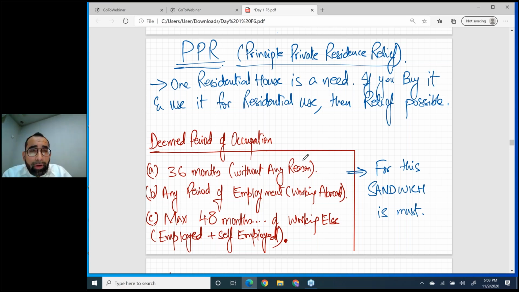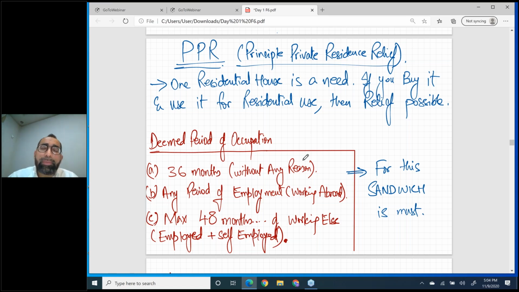If you are going abroad for a job, no matter if you go for 10 years, still you'll get the relief. Number C is only 48 months. Don't forget, C is only 48 months of working elsewhere, and it's for employed and self-employed both. What do you mean by employed and self-employed? It means you are going for a job, still it's okay. If you are going for business, still it's very okay.